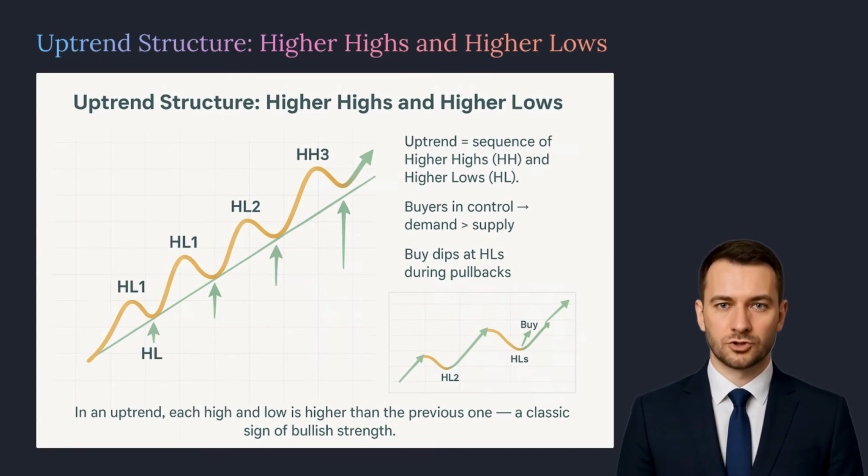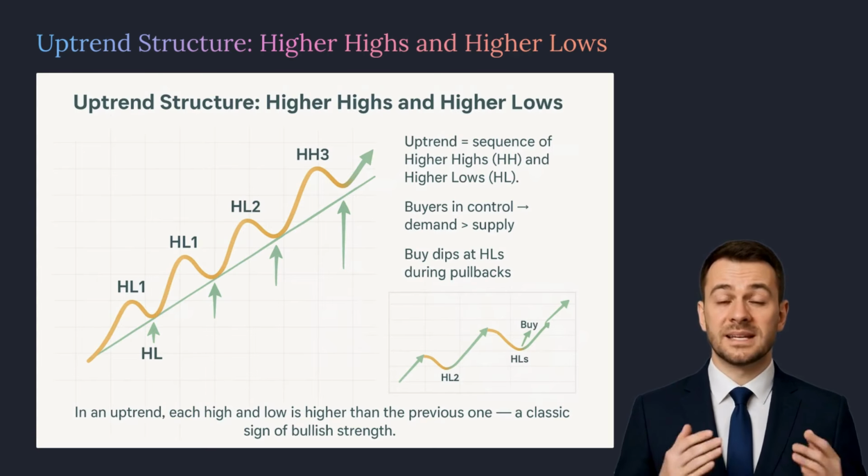Uptrend. An uptrend is defined by a sequence of higher highs, HH, and higher lows, HL. This means each significant peak is higher than the last, and each pullback low is higher than the previous low. It shows demand outweighs supply. Buyers are in control. In an uptrend, traders look to buy, go long, on dips, expecting the price to continue rising.